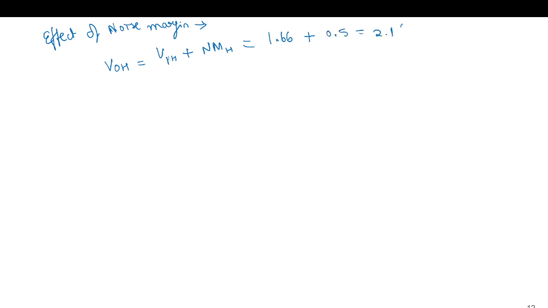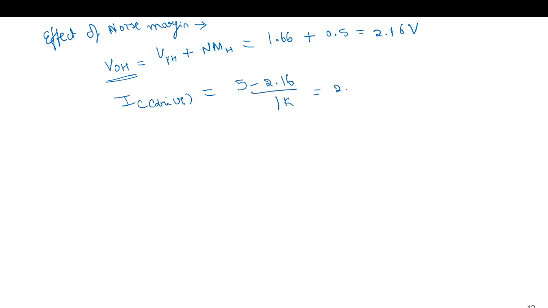So I am writing that. From this value, we will get IC, VCC minus Vout by RC, 5 minus 3.66 by 1.